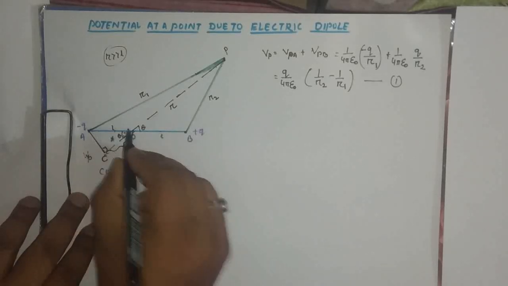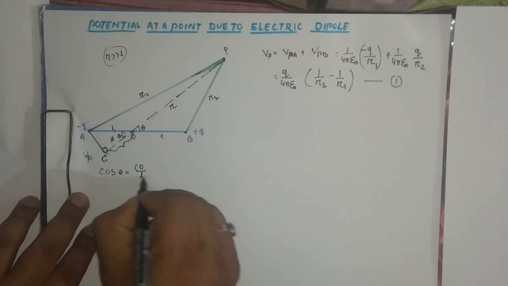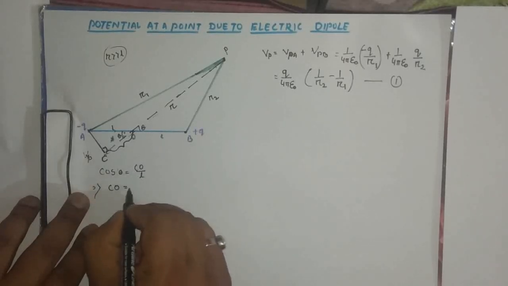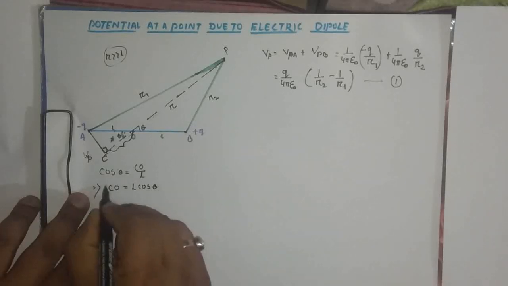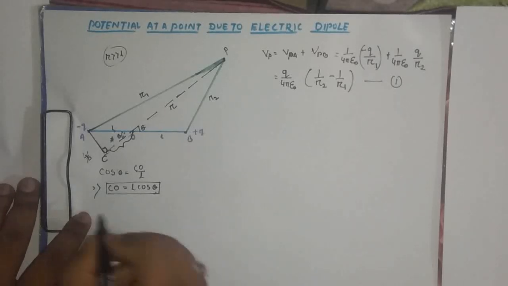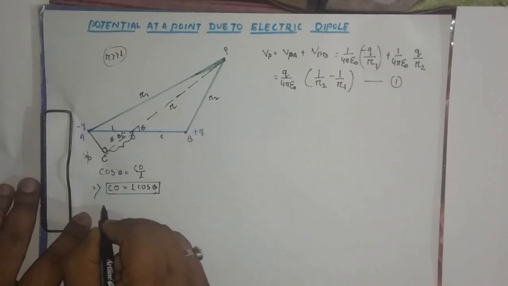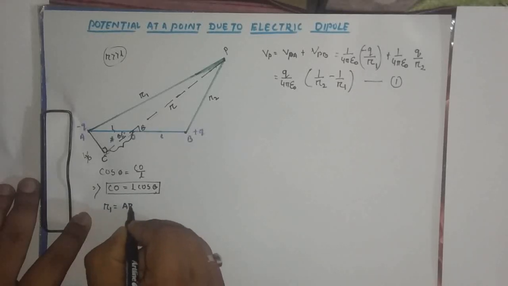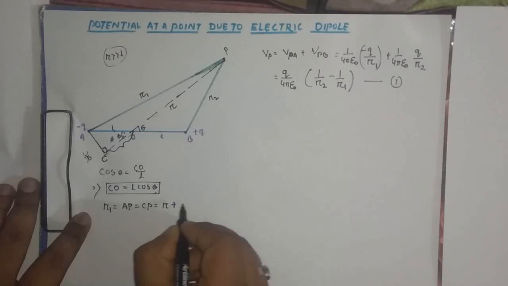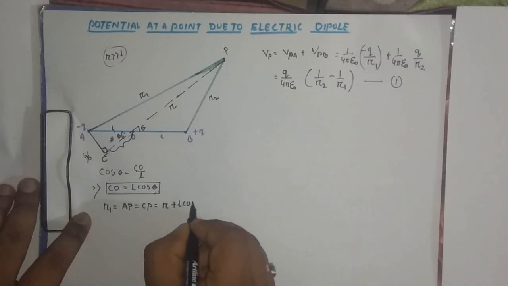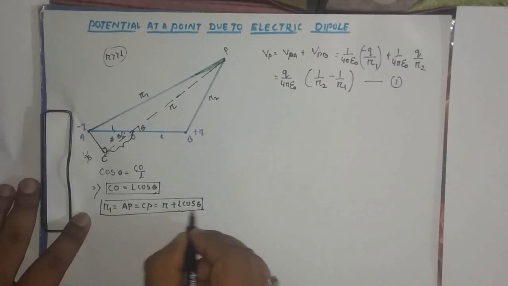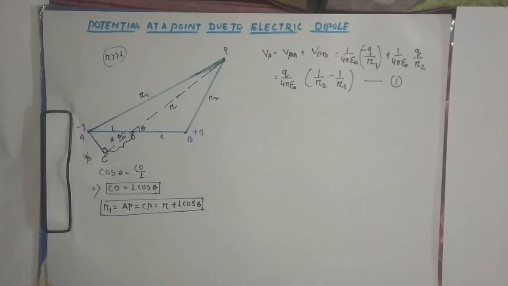So R1, which is AP, nearly equal to CP, is R plus L cos theta. Is it clear now?